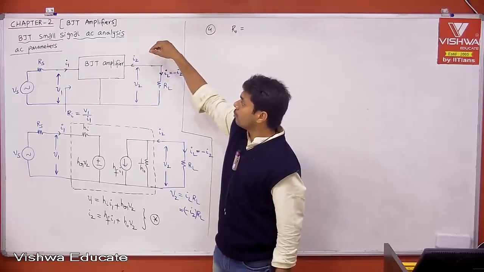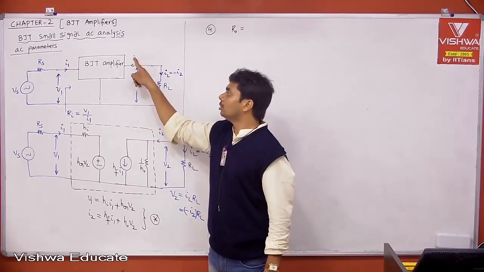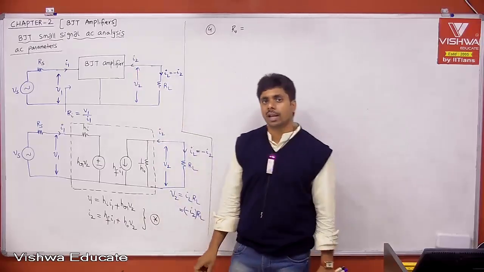Then we see what I2 is because of V2. Then V2 by I2 is your output impedance.